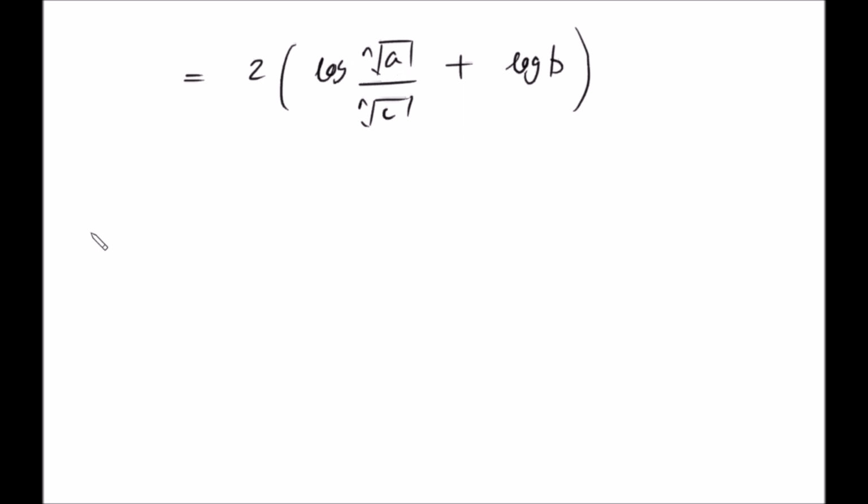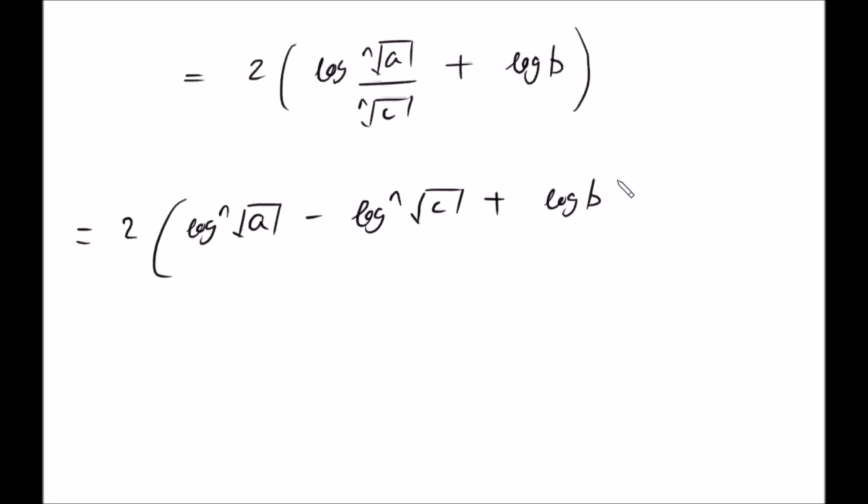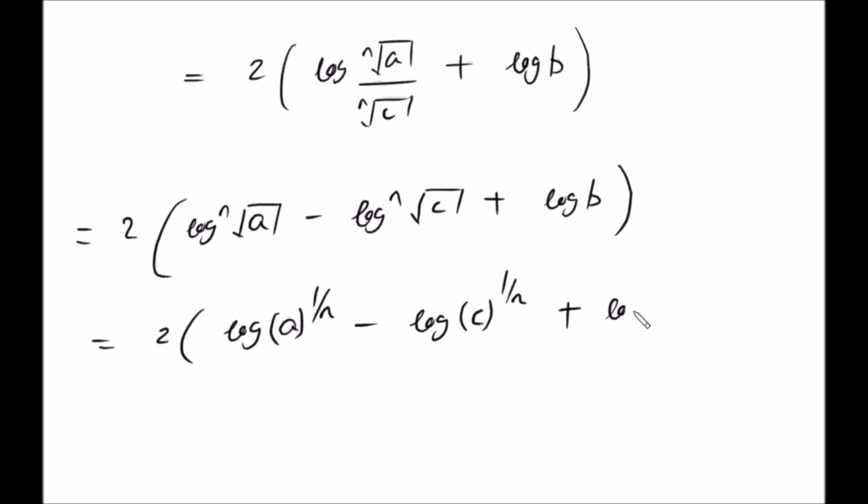Sasa kuna law yetu ya 4 tukasema kwamba the logarithm of a quotient is equal to the logarithm of the numerator minus the logarithm of the denominator. Hivyo. Lakini kwenye zile laws za index tulisema nth root ni sasa tuna a hivyo, and then na hapa na kwenyewe hivyo, so plus there.